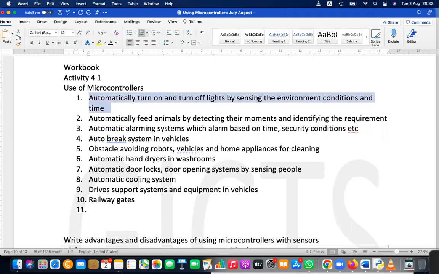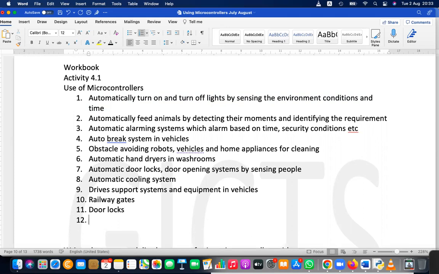Anything else? Door locks. Okay, door locks, yes, automatic door lock is already given.